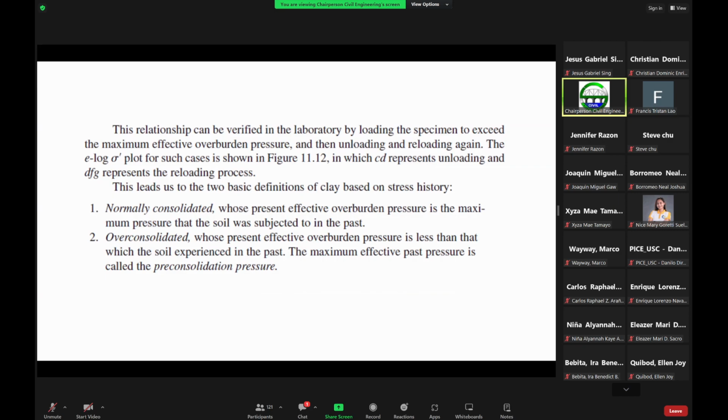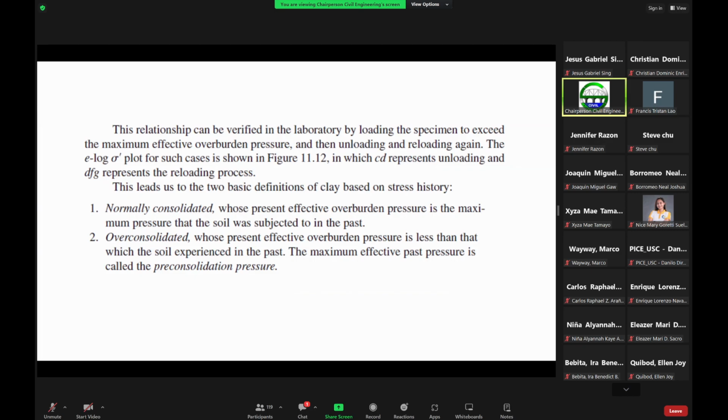Now, because of these processes, we have these two basic definitions of clay based on stress history. Based on stress history, you can have either a normally consolidated clay or an over consolidated clay.